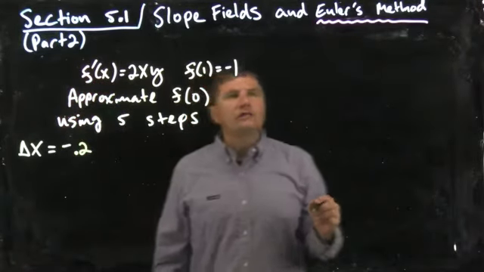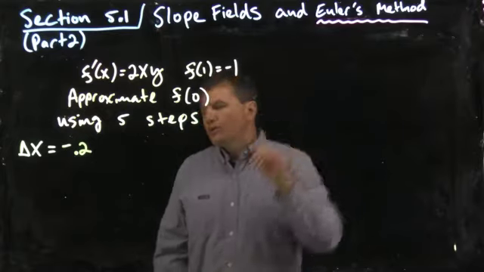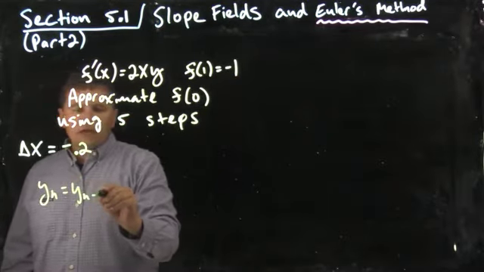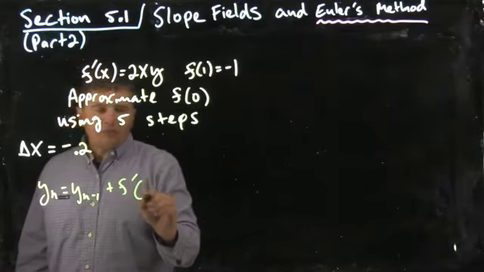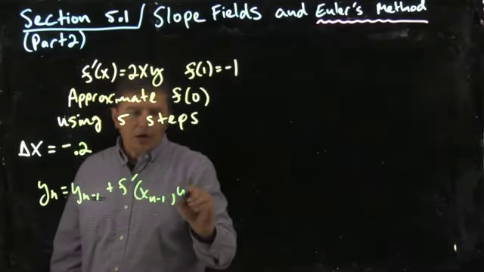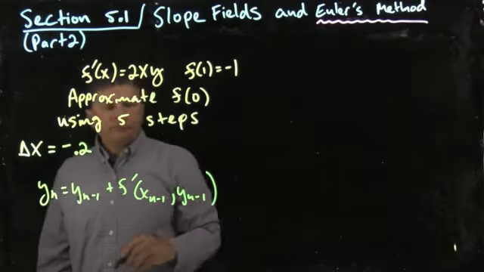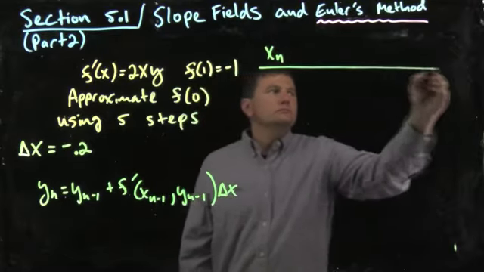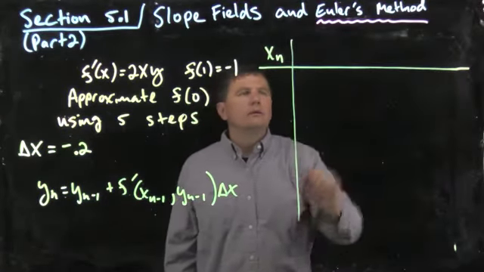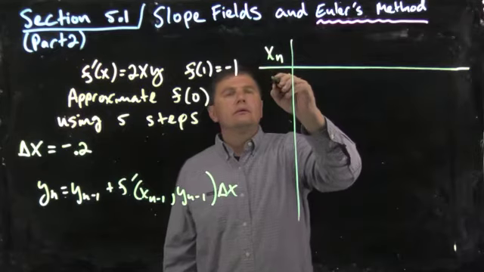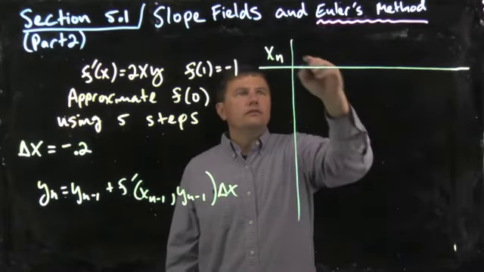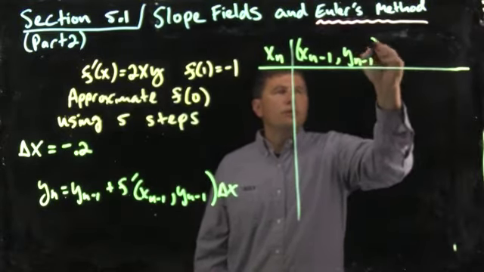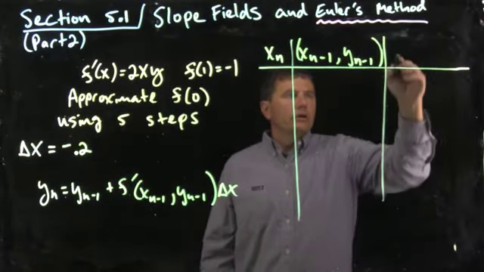Okay, so let's make our table. Once again, Euler's formula: y sub n equals y sub n minus 1 plus f prime of x sub n minus 1 comma y sub n minus 1, times delta x. This time I'm going to do this completely in my calculator.